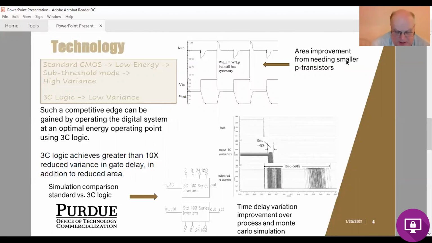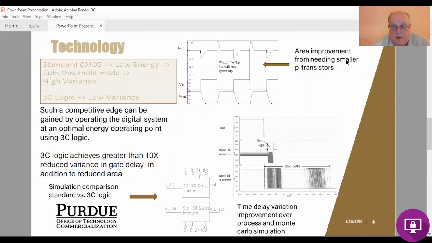Well, the 3C logic technology offers a way to solve this problem, and that 3C logic is 10 times improved in variation over process compared to standard CMOS.